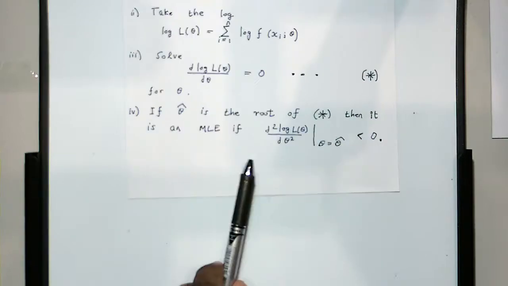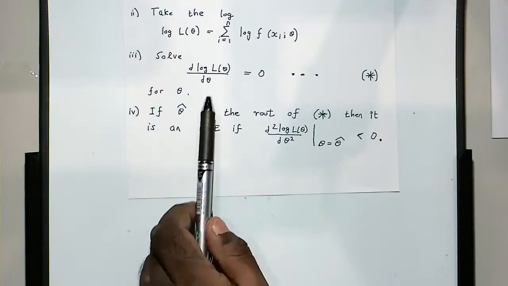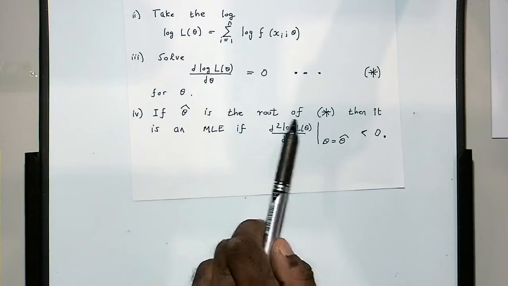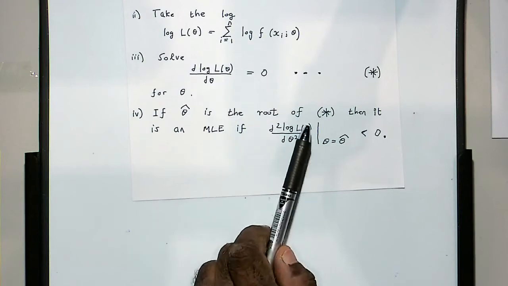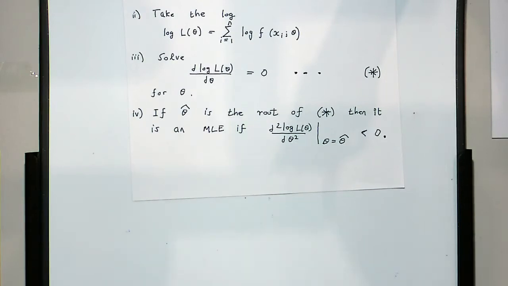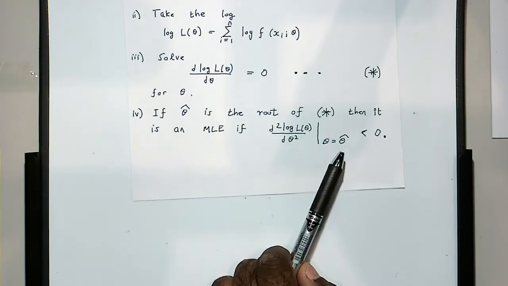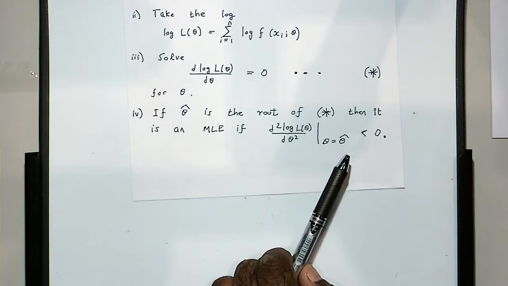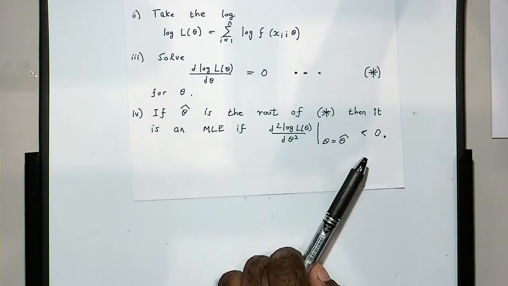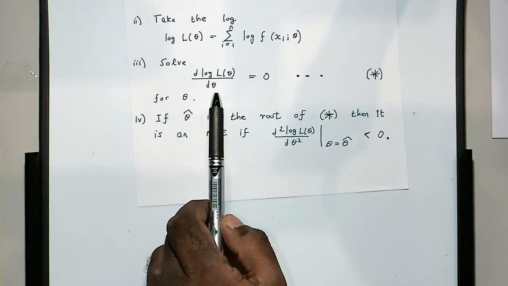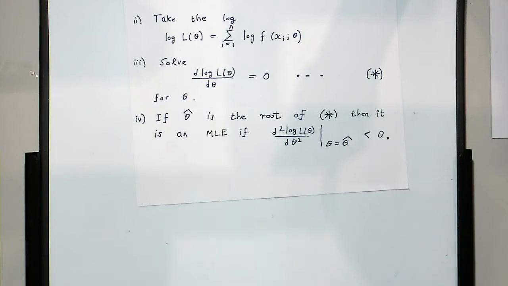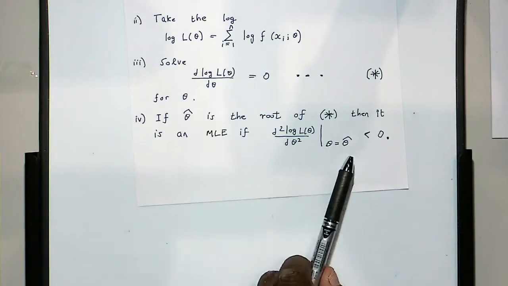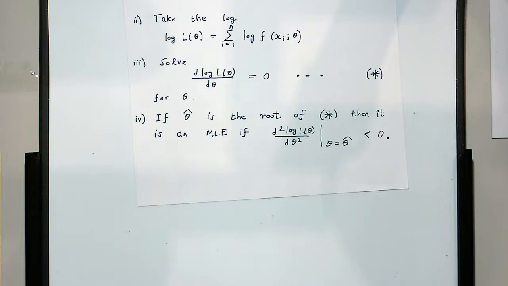The fourth step is to make sure that the solution of this equation corresponds to a maximum. How do you do that? I'm sure you did this in calculus: take the second order derivative, and if the second order derivative at theta equal to theta hat is negative, then the solution corresponds to a maximum, right? So we can say theta hat is a maximum likelihood estimator.